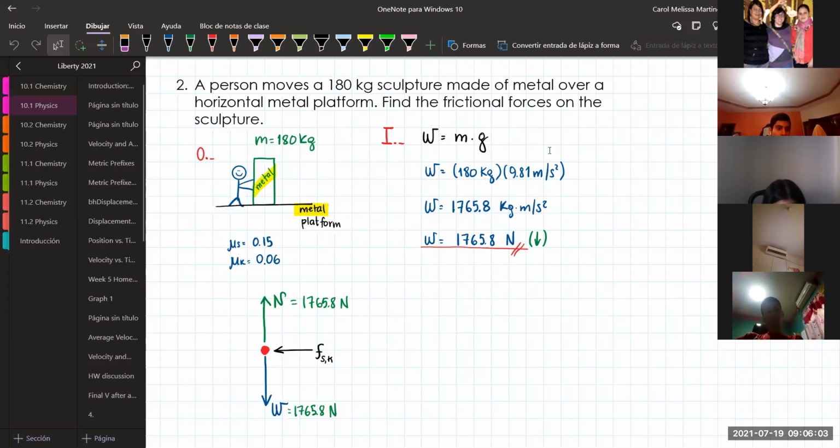So now, in the second step, we calculate our two frictions. We calculate static and kinetic friction. We substitute by the givens and we obtain the answer.